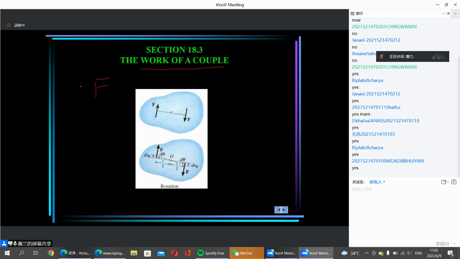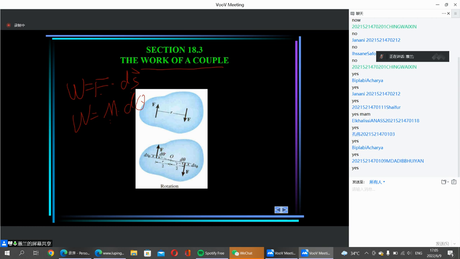The work by a force is equal to F dot ds, right? And so for work by a couple M, F is replaced by M, so ds should be replaced by angular displacement.